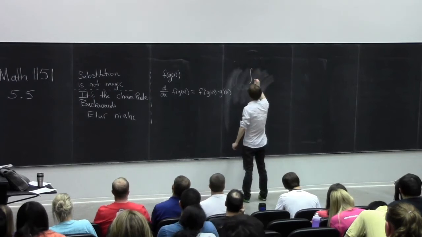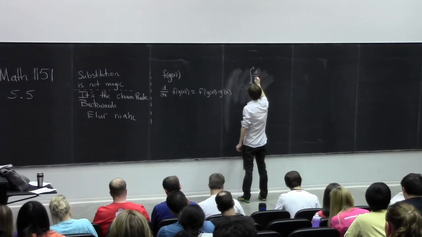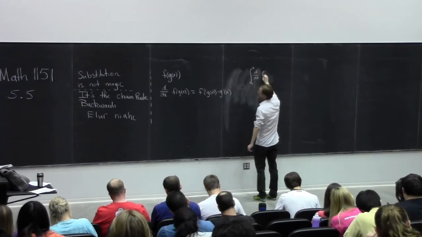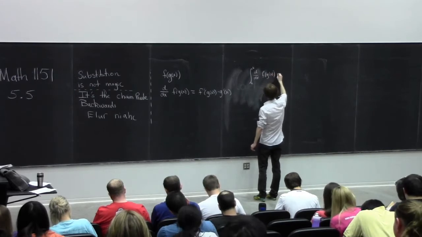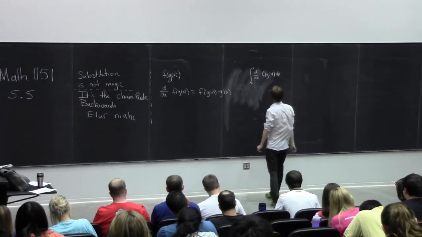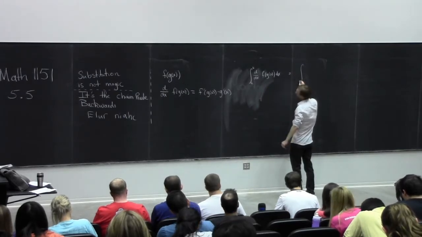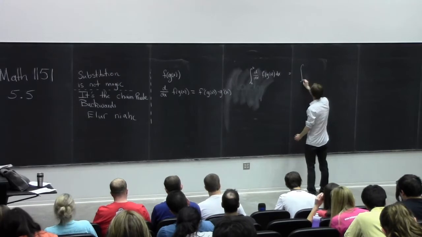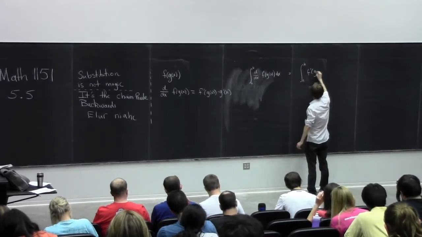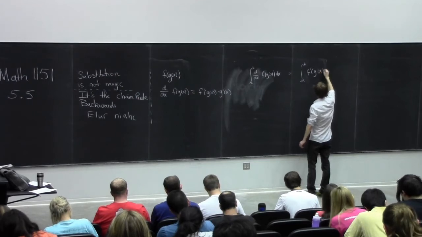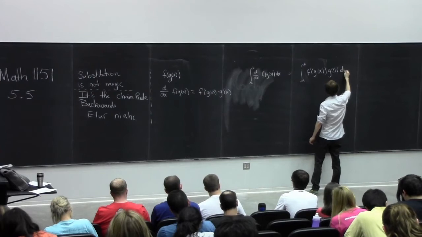So I have the integral from a to b of d over dx of f of g of x. This is equal to the integral from a to b of f prime of g of x times g prime of x dx.